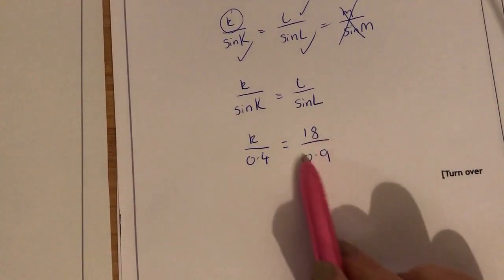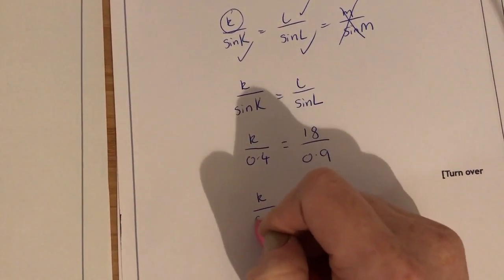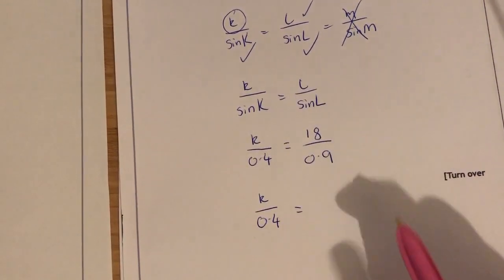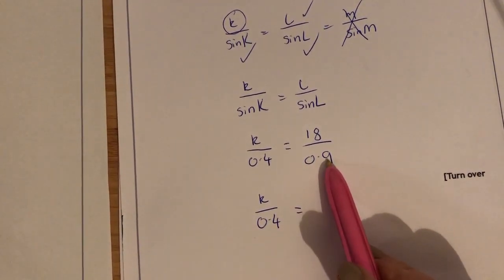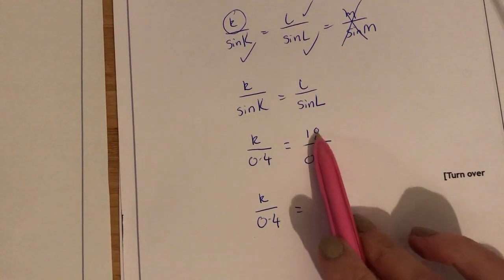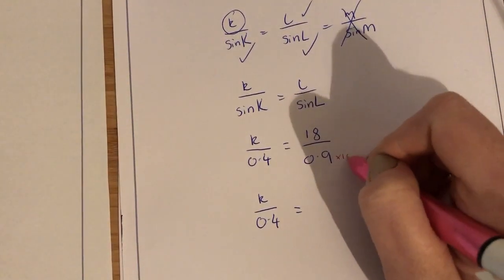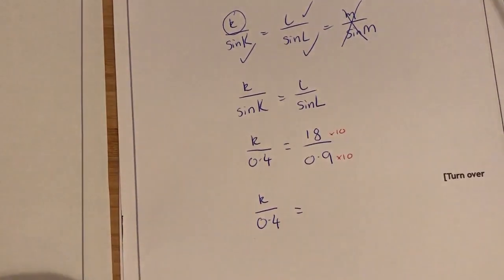Right, so to divide by a decimal, let's just deal with this first before we do this. K over 0.4. Now, we don't really want to divide by this decimal here, so actually if I just change this fraction into a different form, multiply the numerator and the denominator by 10, which is absolutely fine, you can just do as long as you do both, times 10 times 10.